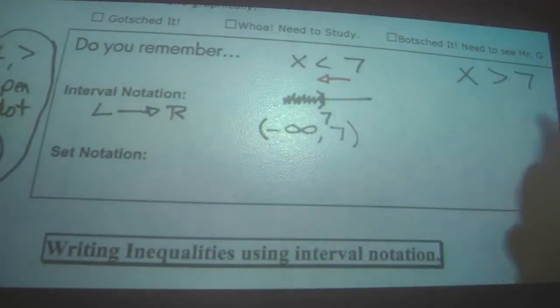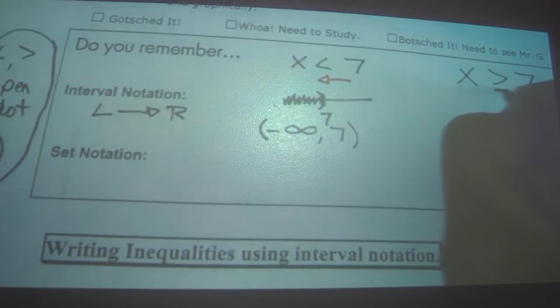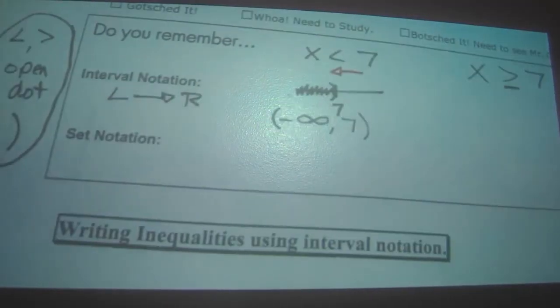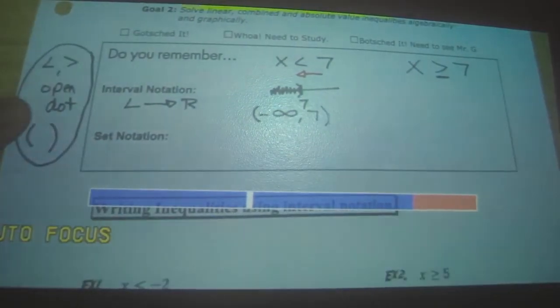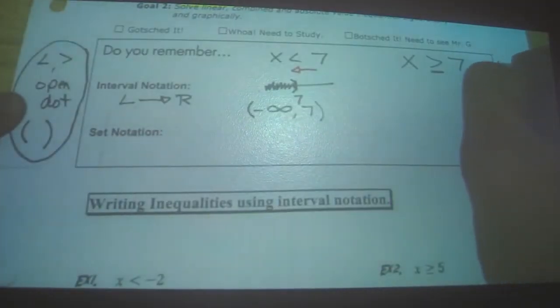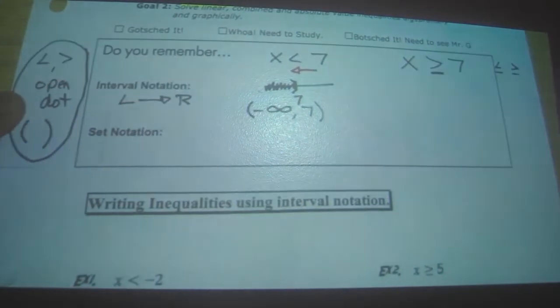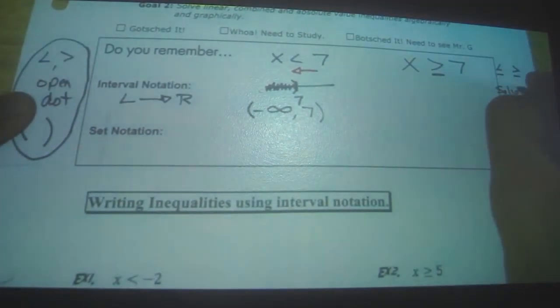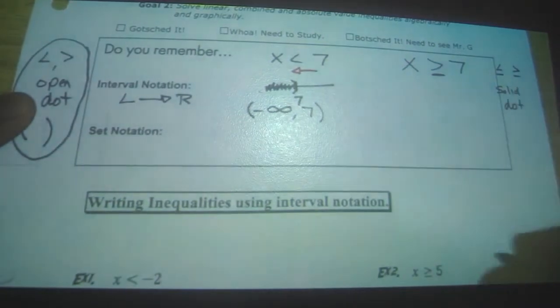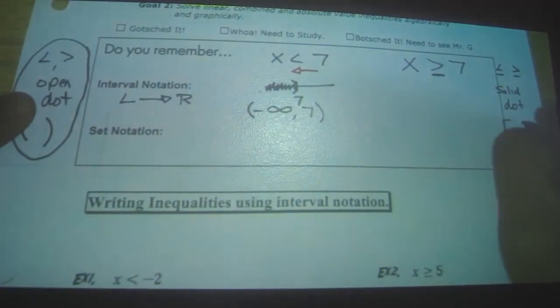So the next one, we've got x is greater than or equal to, I'll put a little bar on the bottom. x is greater than or equal to 7. Just a reminder, it was less than or equal to, greater than or equal to. That's a solid dot. And we use brackets now.